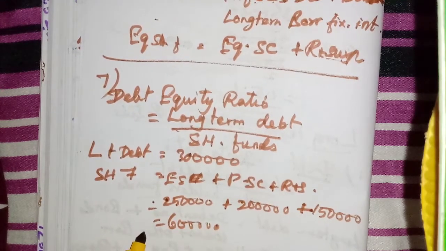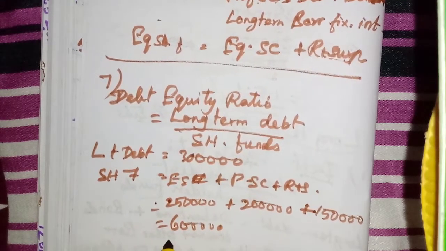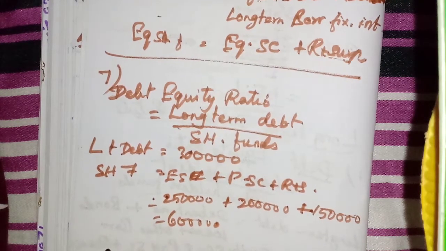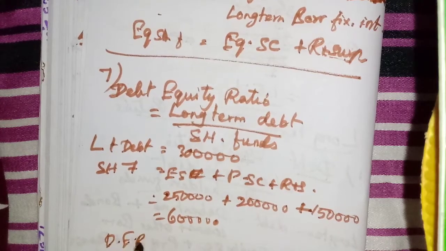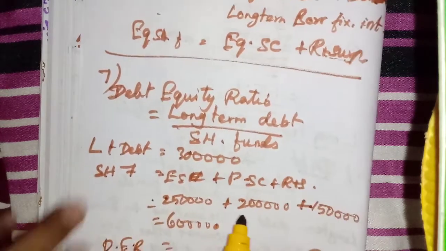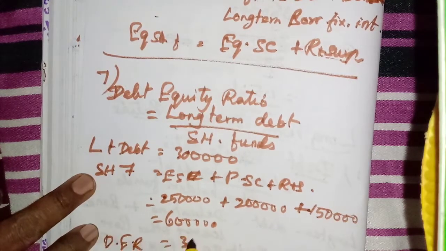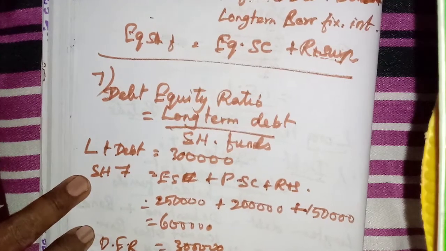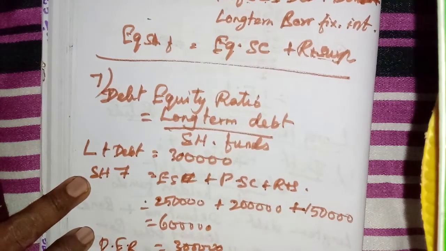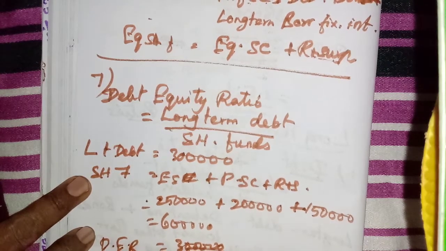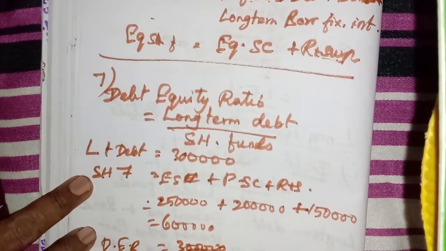So what is the ratio? Debt equity ratio means long-term debt, 3 lakh, divided by 6 lakh. So 1:2, or you can write 0.5:1.